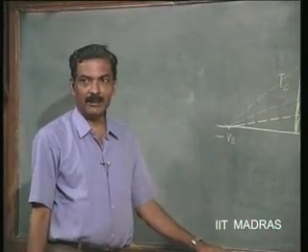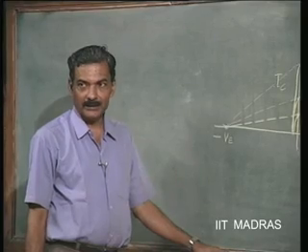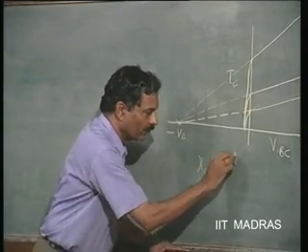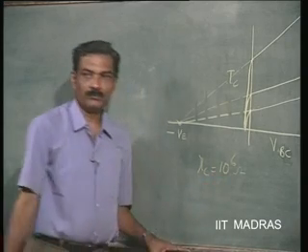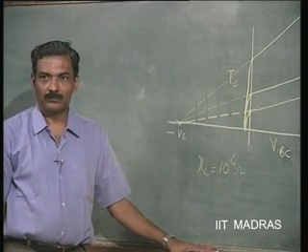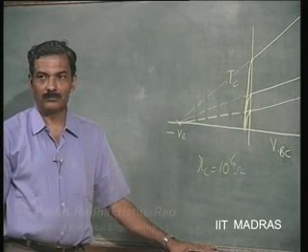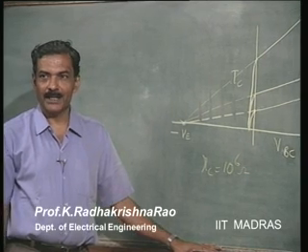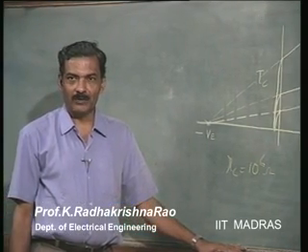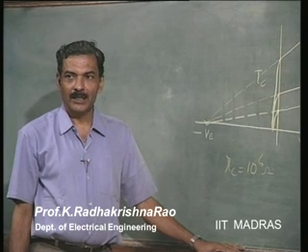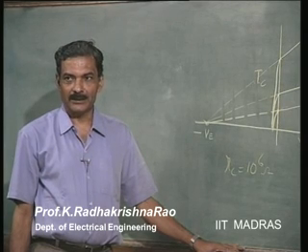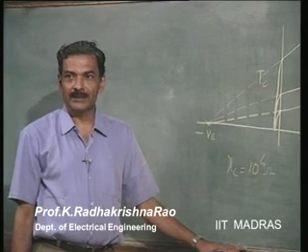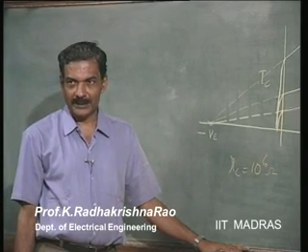Determine the output resistance if RC is given as 1 mega ohm. Earlier the output resistance was 6 K for the example.